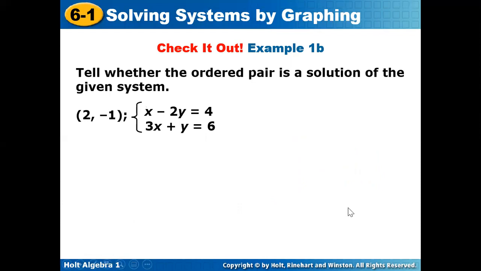Same thing here. Pause the video and solve.